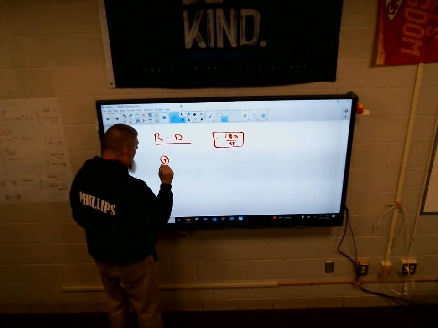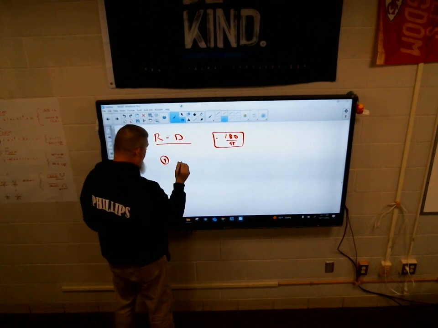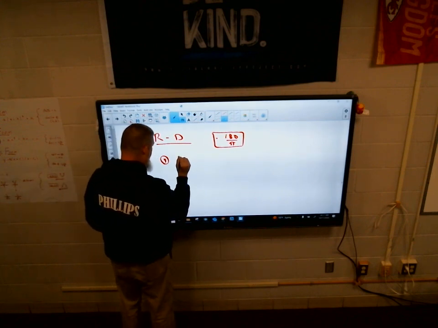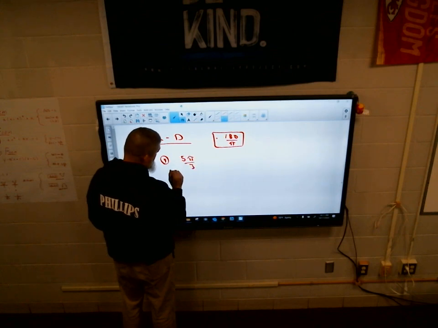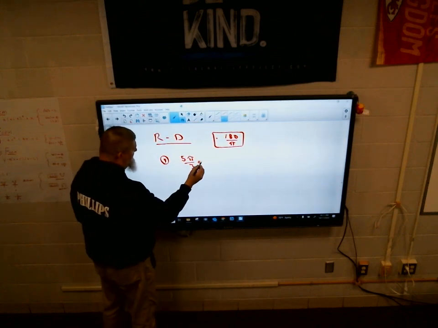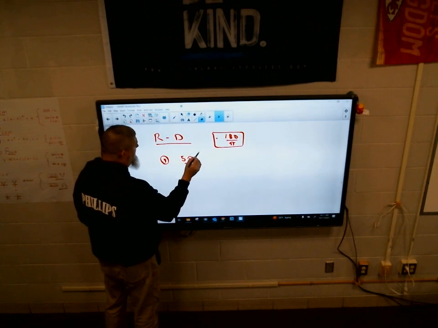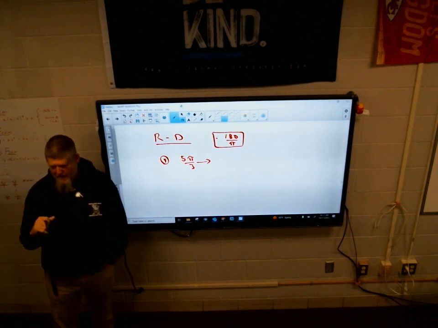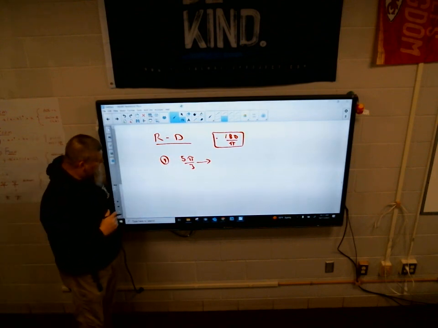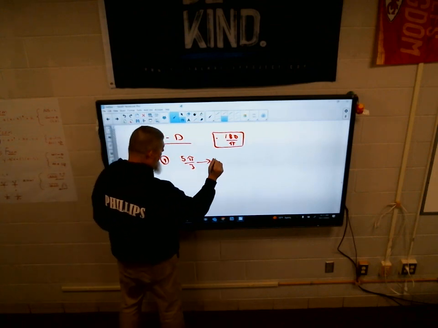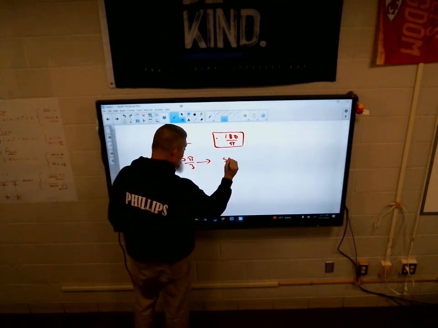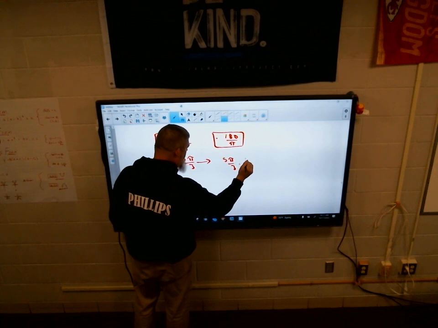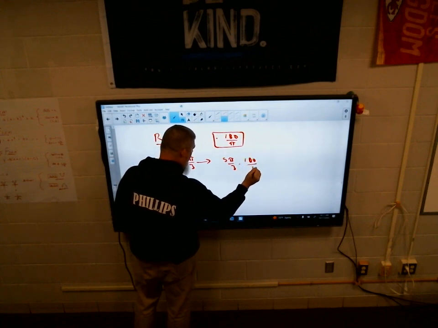Number 4. Let's give you something in radians. Let's say I give you 5 pi over 3. And I say convert. 180 over pi is 1, right? Yes. Because 180 degrees divided by pi radians is the same thing. So if we multiply by 180 over pi, I have 5 pi over 3 times 180 over pi.